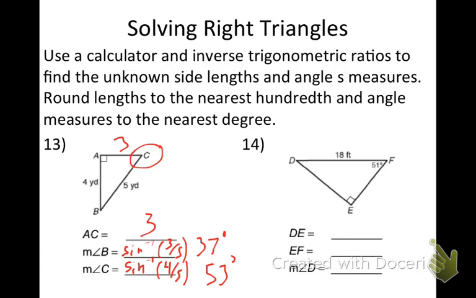Number 14. What's probably the easiest thing to find on number 14, Kay? What's angle D? Yep. Angle D is 39 degrees. After I have that, well, now I have to use trig functions to find my other sides. What did you use, Trevor?